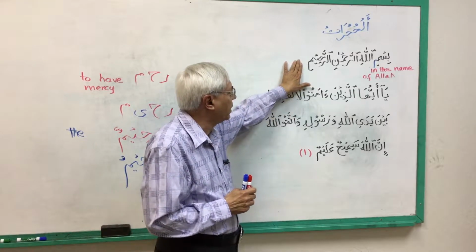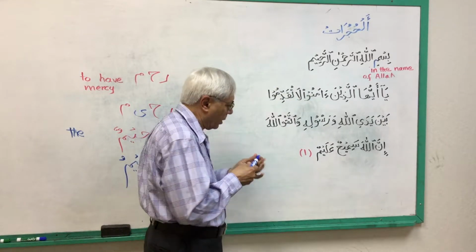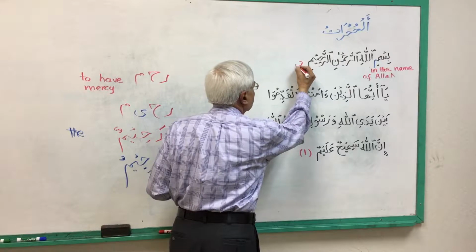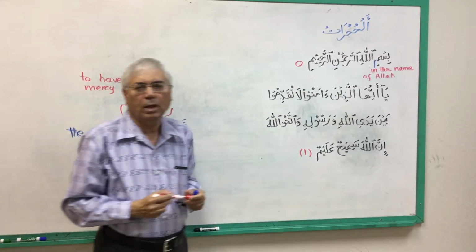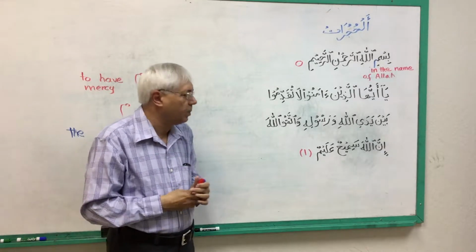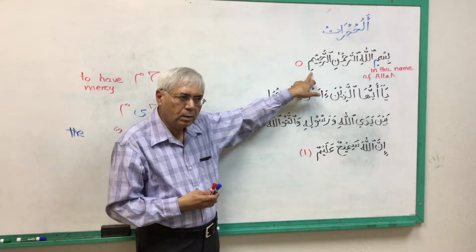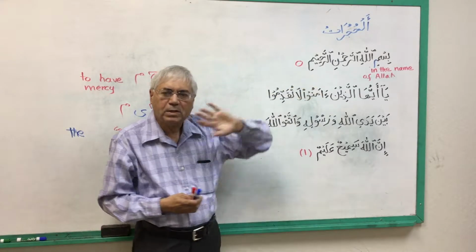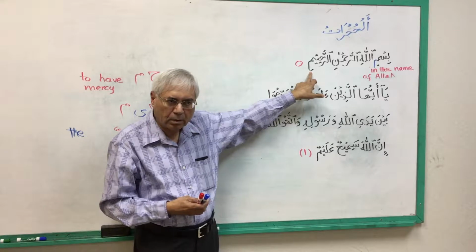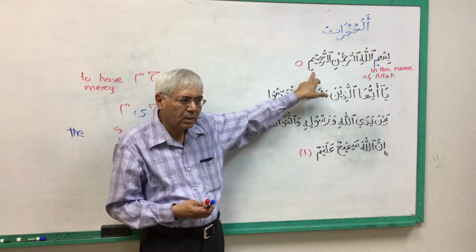Now when you reach the last word, basically you're going to stop here. The rule is that there are two things when you stop. Suppose you are stopping at this point, and the symbol for stopping is a little circle here. If I put a little circle, it means stop. So what do you do when you stop? You look at the always last letter. The last letter is a meem. Meem has the sound of kasra, mi.